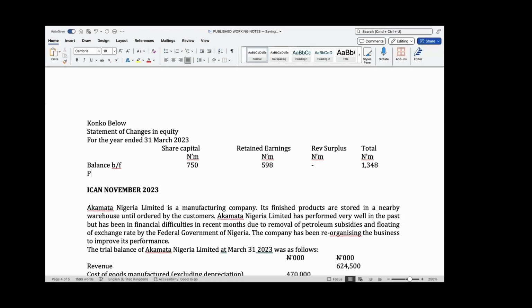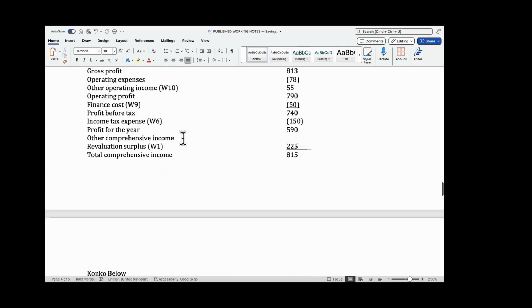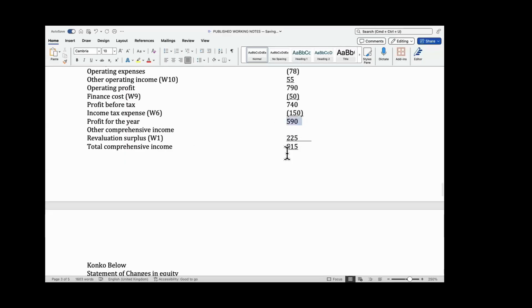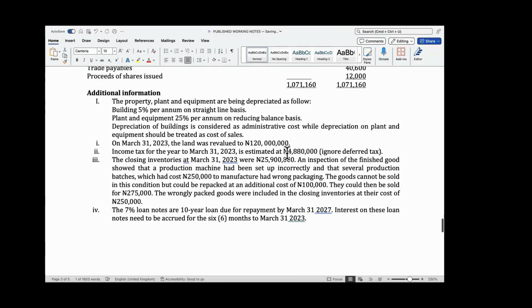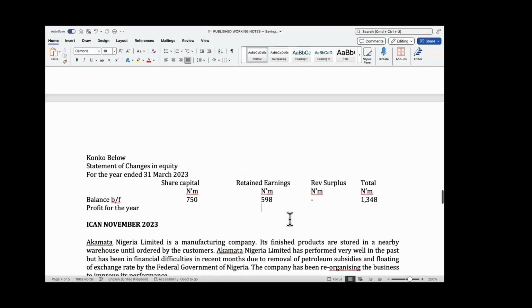Then I will have profit for the year, which is this 590. Profit for the year 590.